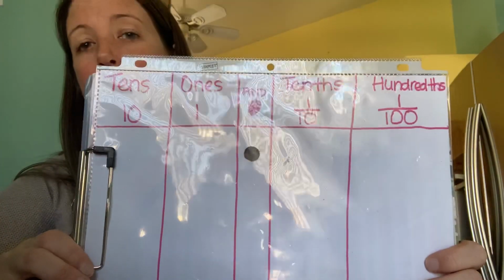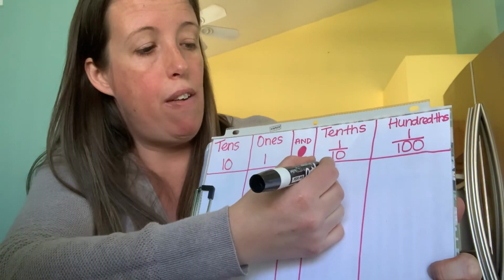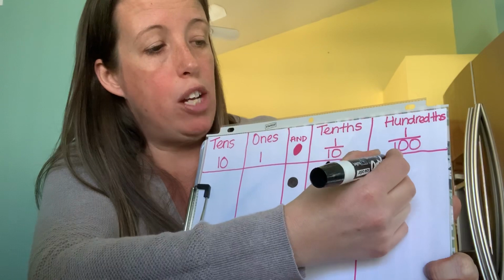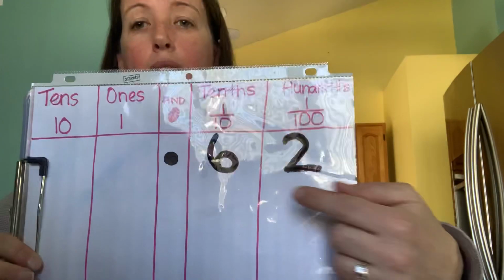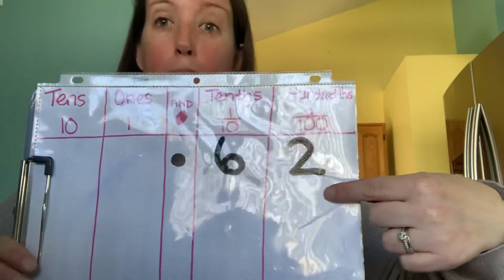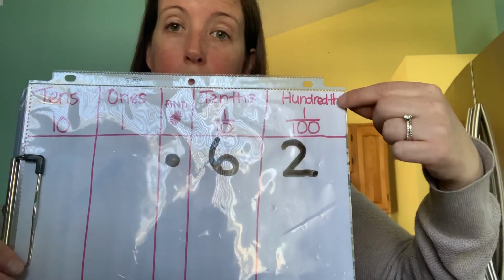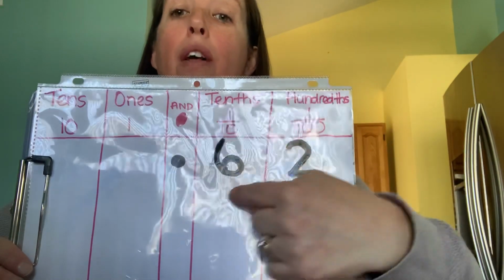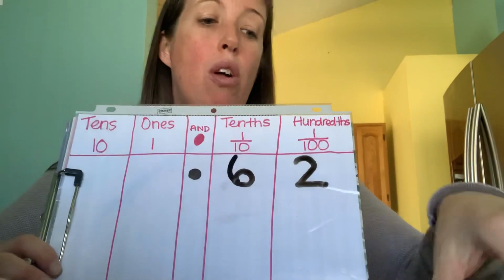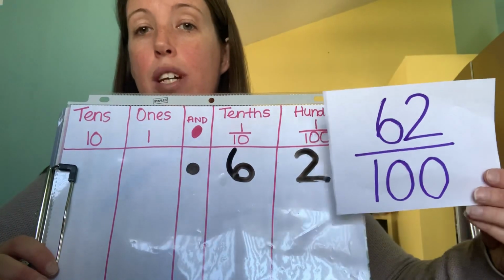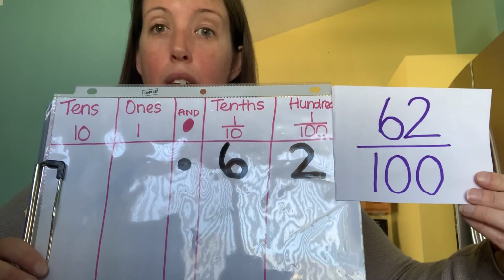So if I write the 62 and it finishes in the hundredths, look, 62, where did my number finish off? In which place? The hundredths. And then this is the number 62 hundredths, which is equivalent to the fraction 62 hundredths. All right, so that's how I can write this one.